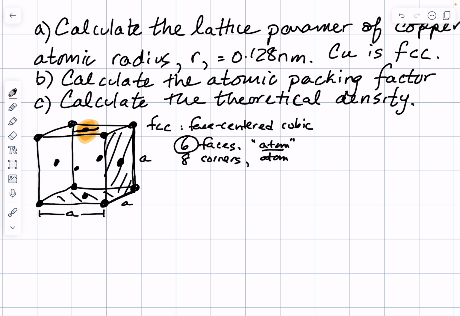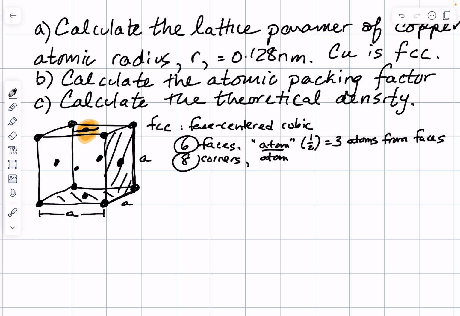But half of that atom is inside the unit cell. And so of those 6 atoms, with half of them being inside the unit cell, we end up with 3 atoms from the faces that are inside the unit cell.